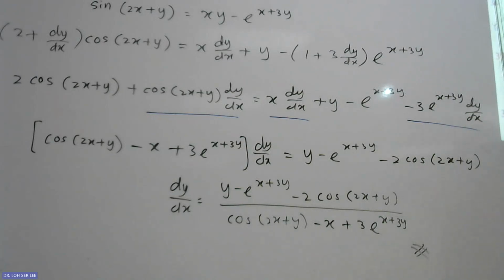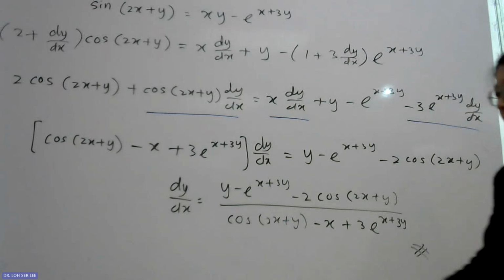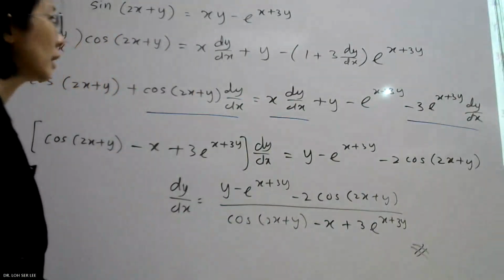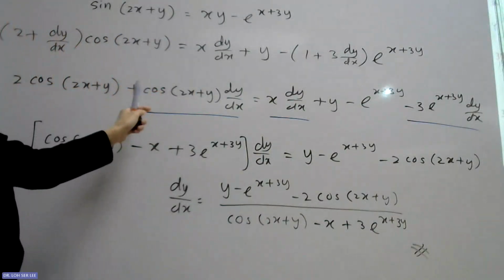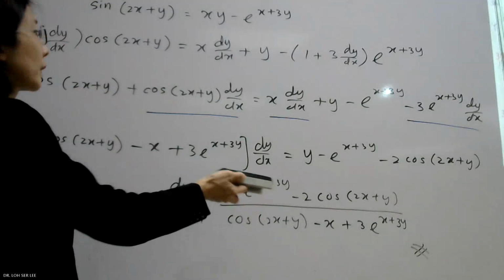Okay, for question number 1, A and B, you use the parametric differentiation. Okay, parametric differentiation because both x and y are in terms of t. And then C, D, E, F use the implicit differentiation. Okay, this is implicit differentiation. Okay.